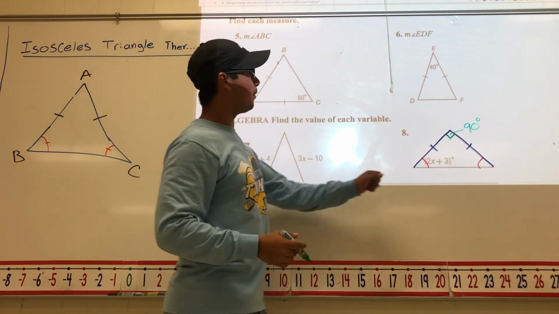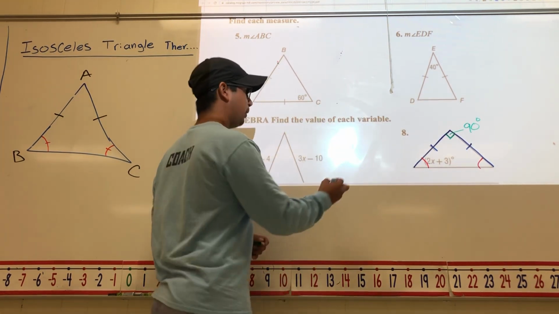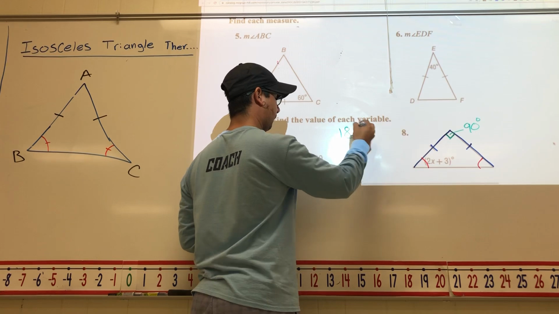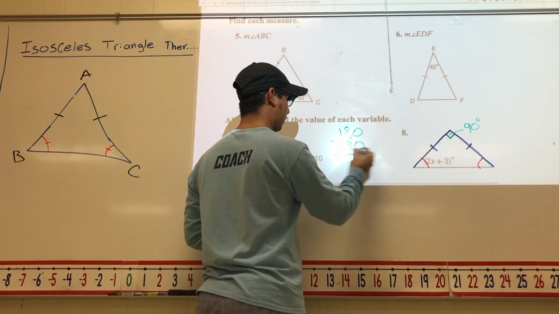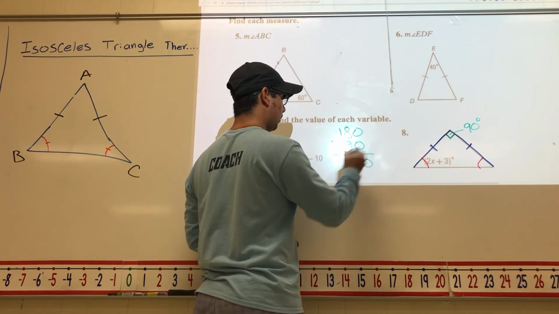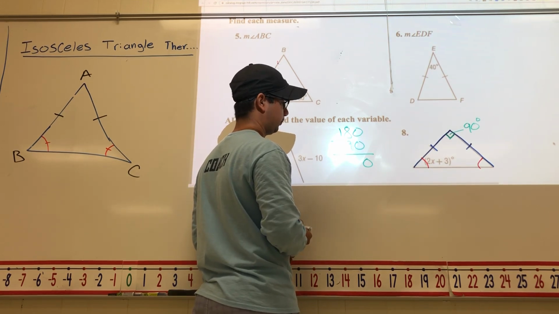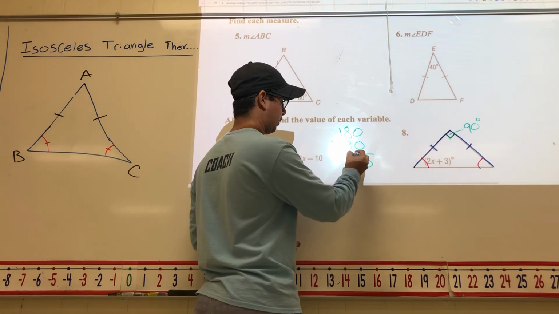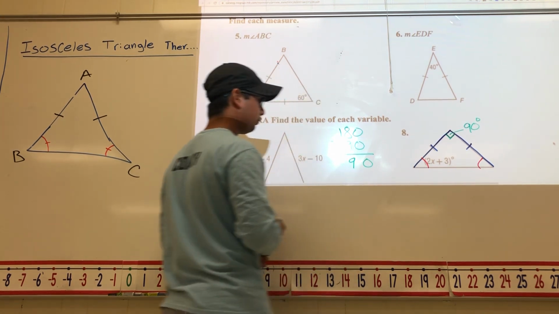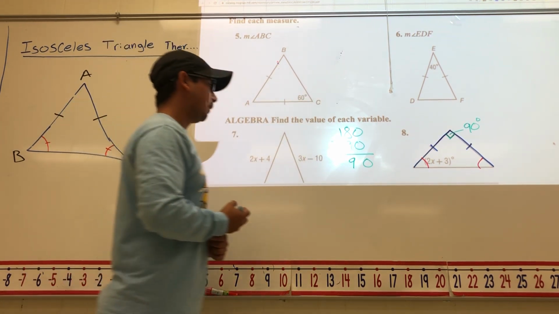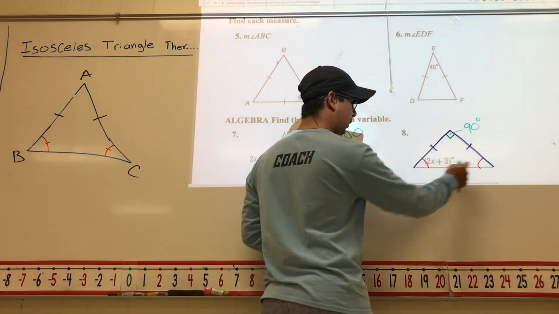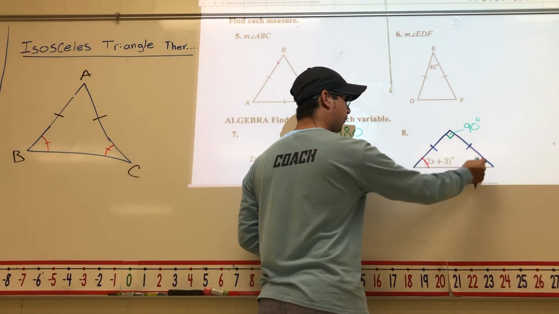So we're going to do something very similar to what we did on the top problem. So we're going to get 180 minus 90, which gives you 90. Okay, so again, we know that if we add up both of these, it should give you 90.